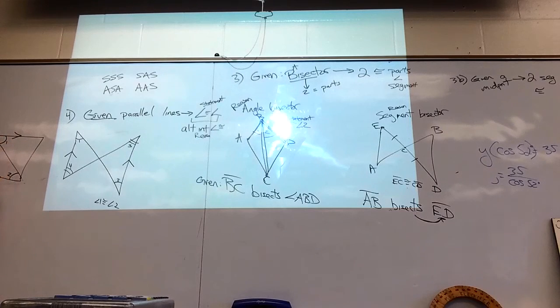So like those two. So 1's congruent to 2 again. But don't automatically assume the other ones are congruent, because they don't have to be. So in a picture like this, the angles have to connect to those parallel lines.